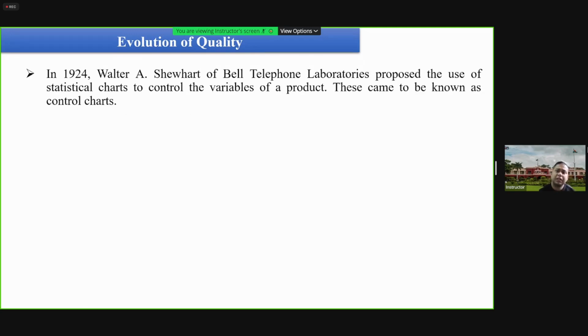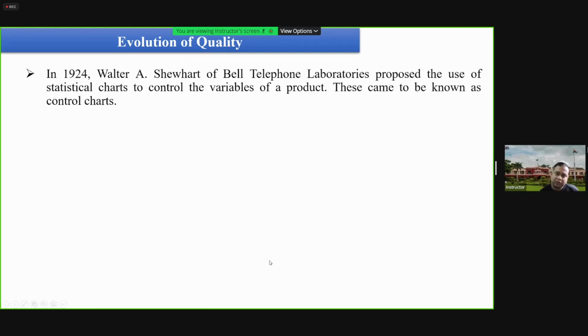He said it is not necessary to do 100% inspection; we can use statistical methods, do sampling, and then do sampling inspection. Along with Shewhart, other scientists at Bell Telephone Laboratories were working. Primarily, two people were important in bringing the acceptance sampling plan: Dodge and Romig.